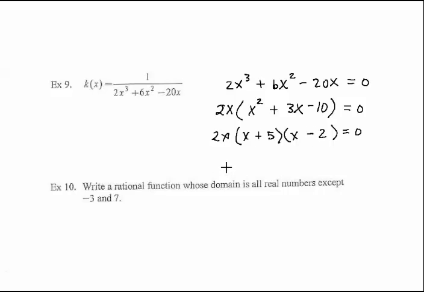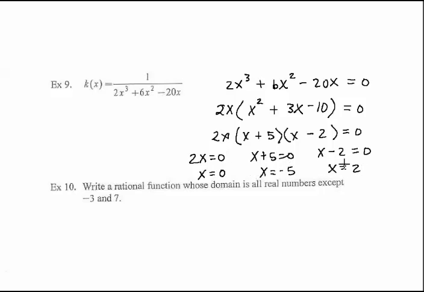Alright, to figure out our x values, we set each factor equal to 0 separately. If we solve these simple equations, we get x equals 0, x equals -5, and x equals 2.